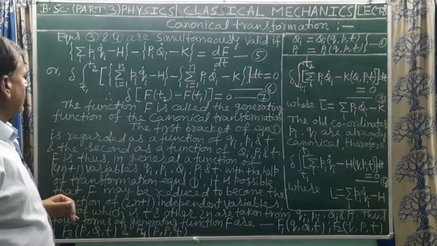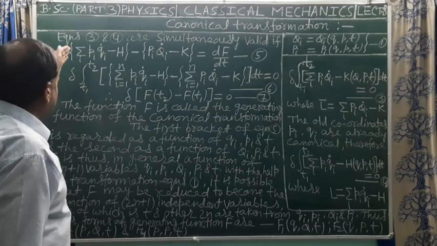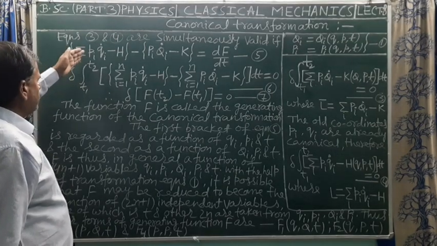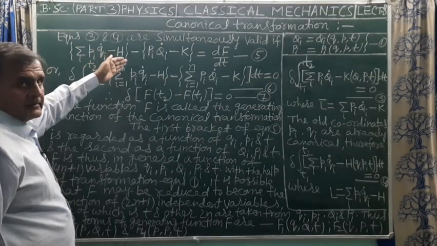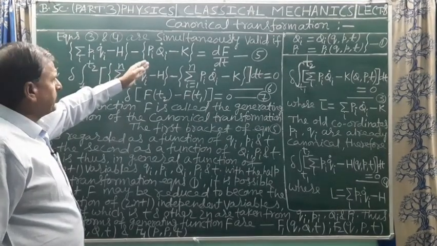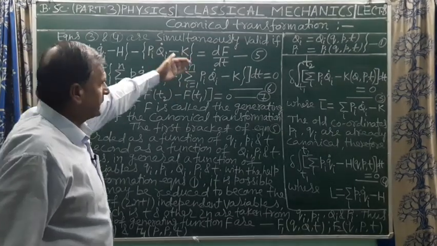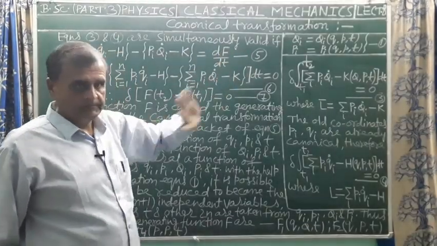So we have the bracket sigma over i, p_i q_i dot minus H, bracket closed, minus the bracket P_i Q_i dot minus capital K, equals dF upon dt.